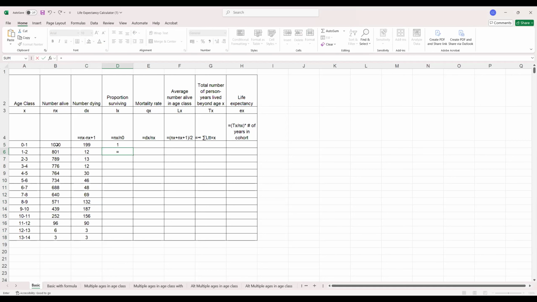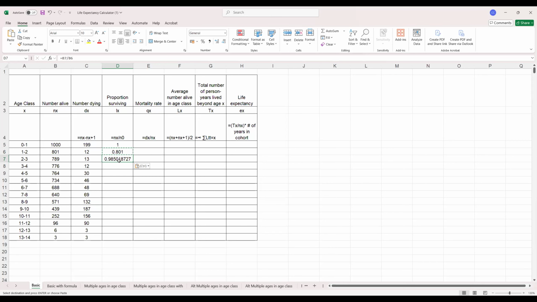So, 1 to 2, you have 801 alive compared to 1,000 who were born. It's 0.801. So you can represent this as decimal, pwede mo rin siyang i-represent as percentage. Both are allowed.